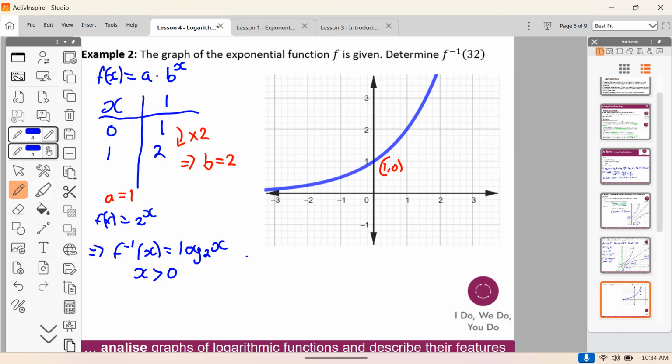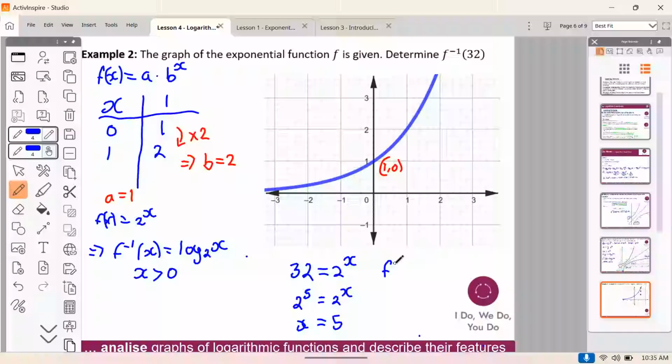Now, it's actually easier just to take the exponential function. We'll set that one equal to 32 and solve. So this is 2 to the 5 is equal to 2 to the x. x is equal to 5. So f inverse of 32 is equal to 5.